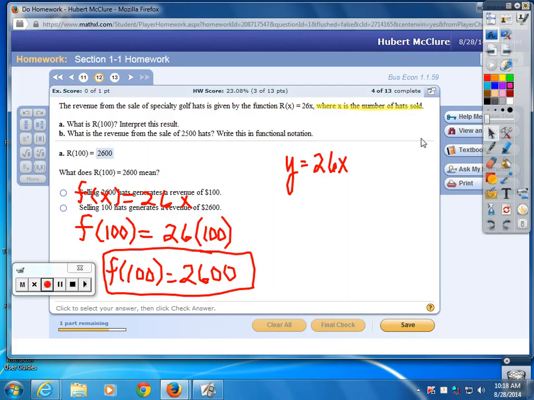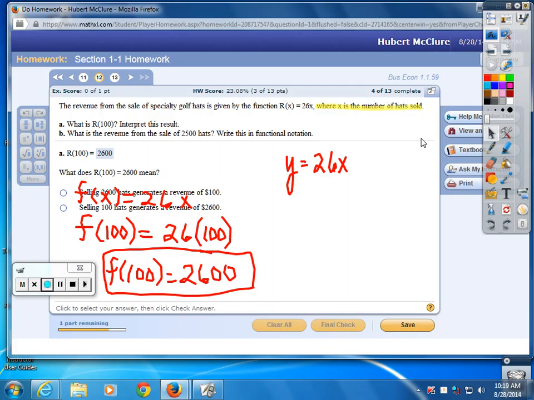Let's see, 26 quarters. 24 quarters would be $6, so 26 quarters would be $6.50. 2,500 times 650 would be 65,500? Is that right? What'd y'all get? 65,000. Okay, I'm sorry. I must have got a 5 in there somewhere.